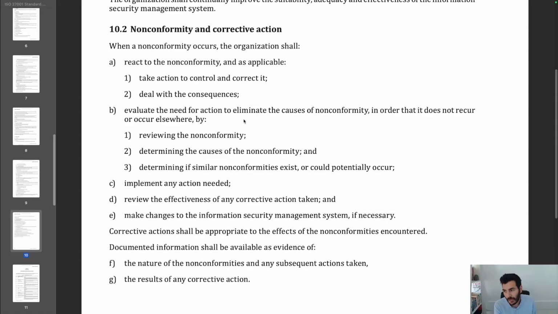I would blame the whole organization, which does not have a culture of information security or awareness of it. That could be the root cause I would attribute in this case. And could this potentially occur somewhere else or with other people? Probably.